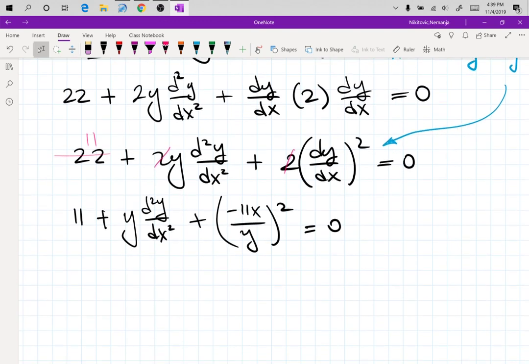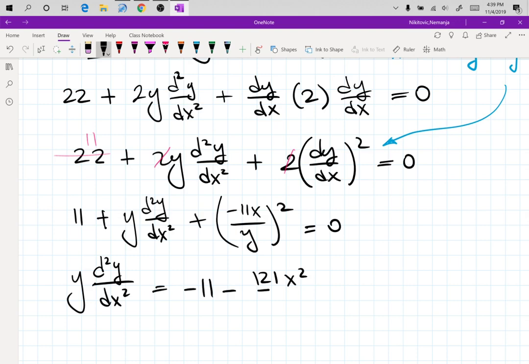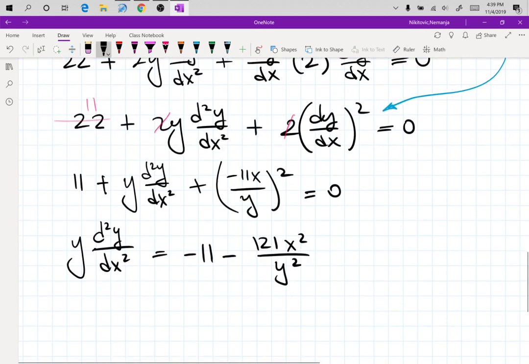Move these terms to the other side, so y d squared y over dx squared is equal to negative 11 minus 121x squared over y squared.